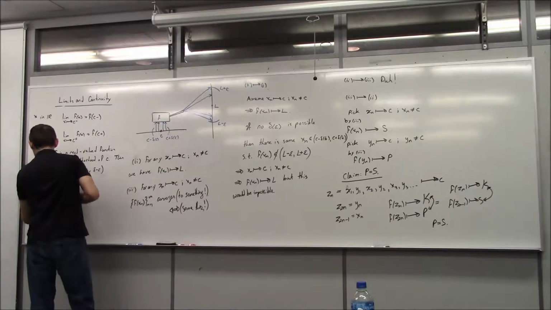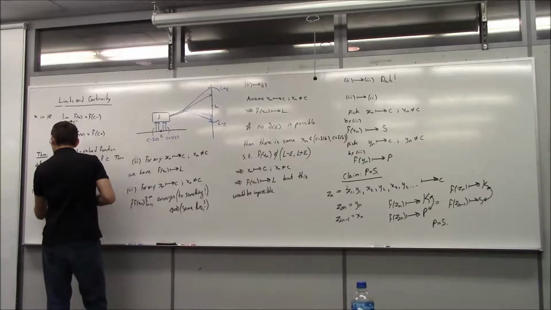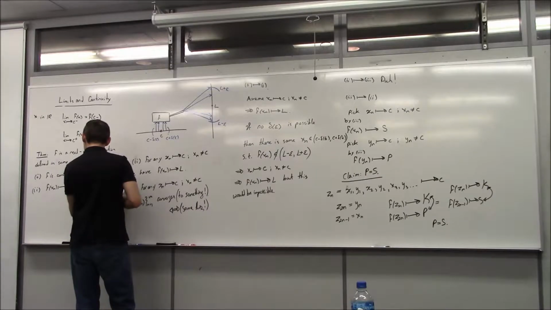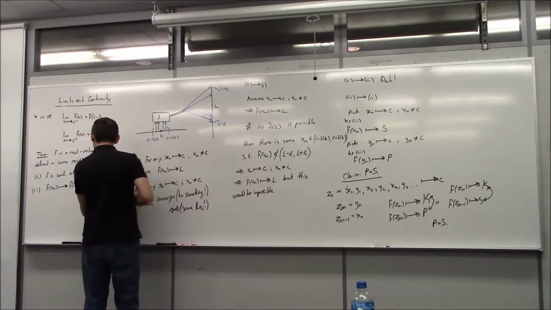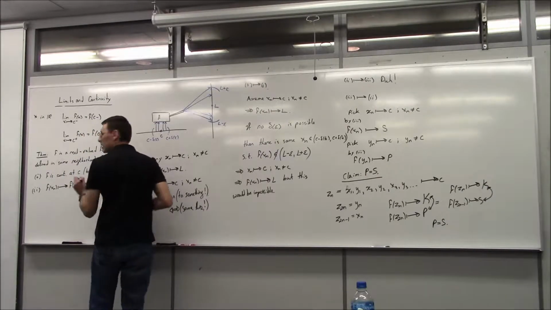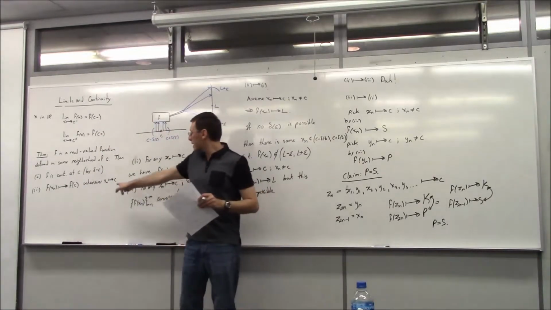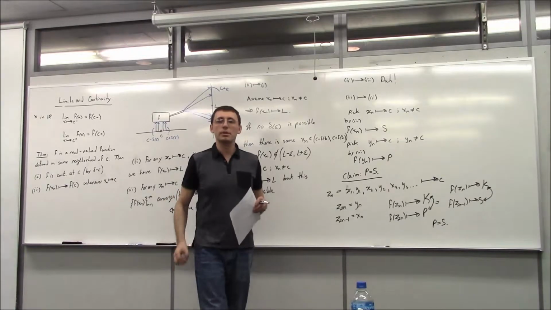Second condition is f of x sub n goes to f of c whenever x_n goes to c. Notice that I no longer have the requirement that x_n is not equal to c. It's important.